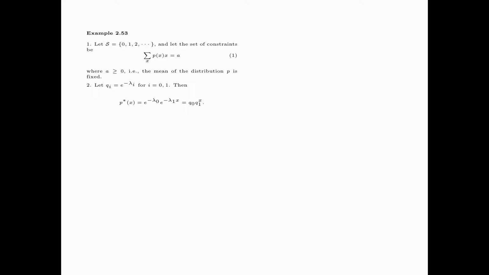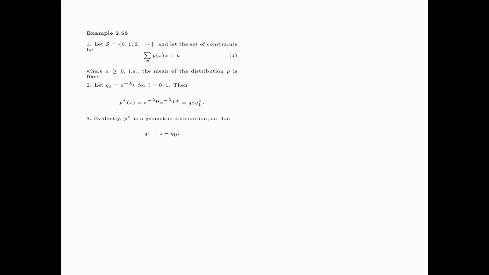Let qi equals e to the power minus lambda I for I equals 0 and 1. Then p star of x is equal to e to the power minus lambda 0 times e to the power minus lambda 1 times x, which is equal to q0 times q1 to the power x.